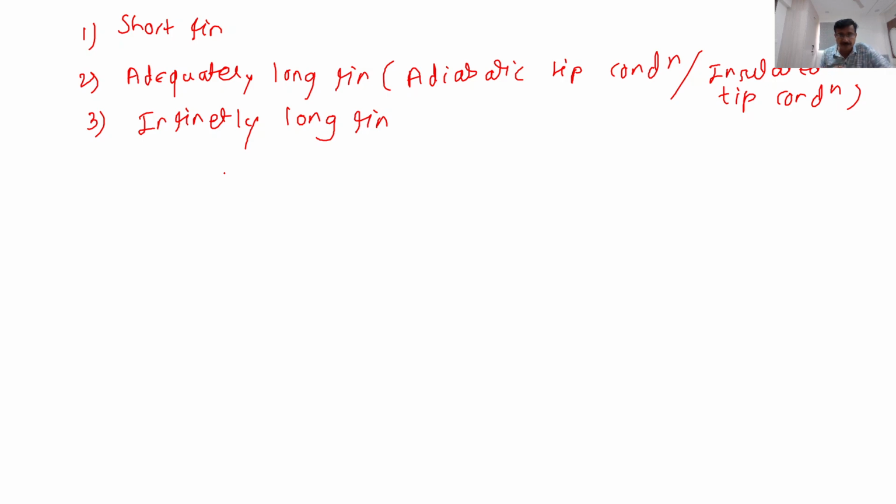Adequately long fin, also called adiabatic tip condition or insulated tip condition, is where the length of the fin is just sufficient in order to perform the task efficiently. Beyond this particular length, if the length gets extended, there is no use of that extended length in increasing the heat transfer area. So that's why it is just sufficient length to perform the task of heat transfer with highest efficiency. That is adequately long fin.